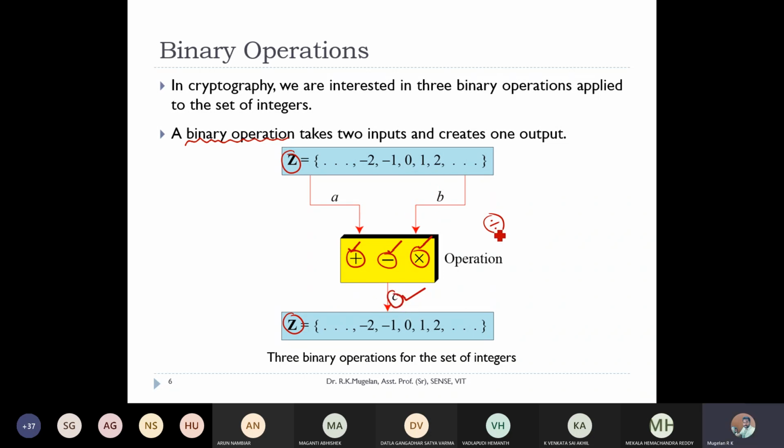Whereas when we go for division, I get two outputs, not a single output. I get two outputs in the name of quotient and remainder. So we can't place division under binary operations.